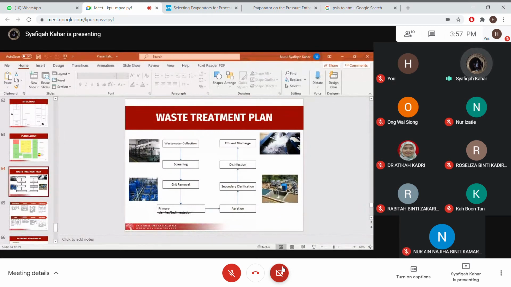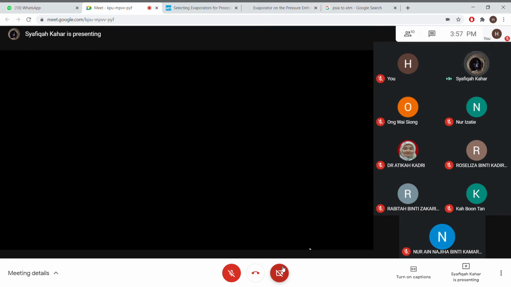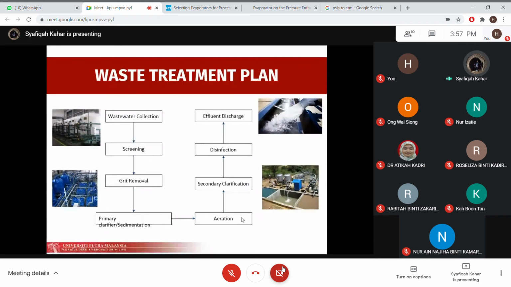Next is the waste treatment plan. The wastewater comes from the process to produce the IMO syrup and also from the CIP process.